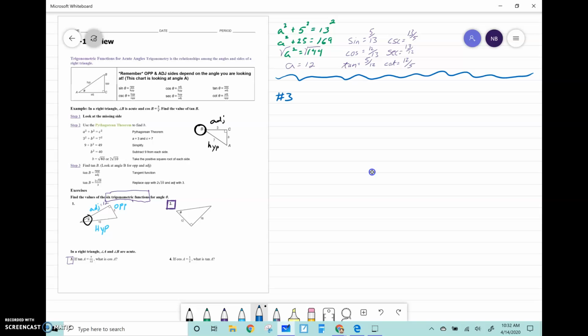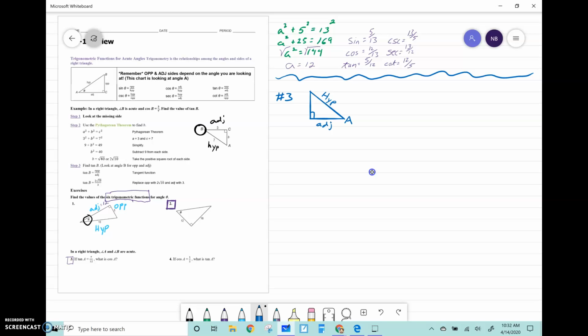I like to draw a diagram when I do these, so I'm going to draw a triangle. All right, and I know I have a right triangle, so that means this is the hypotenuse. All right, so what I'm going to do is put angle A over here. So that means the side adjacent to A is going to be the adjacent side.